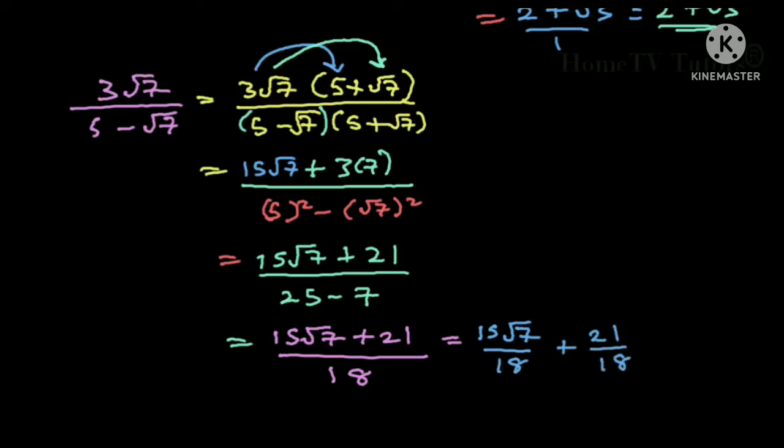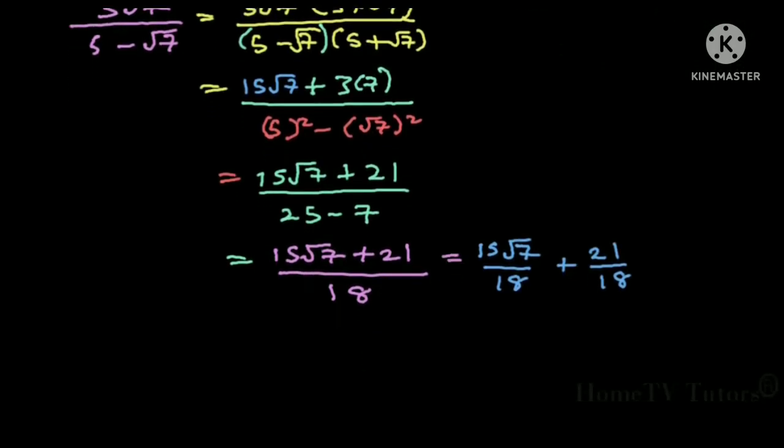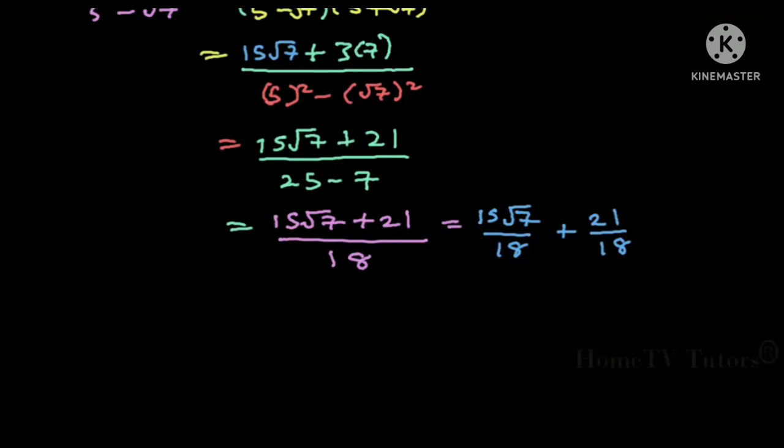Okay, if you notice that 18 is the LCM of these two, so it is broken down to this, alright, which is the same. I believe you agree with me. Okay, good. So now we can do some division. Okay, so 3 goes in 15 is 5, 3 in 18 is 6.